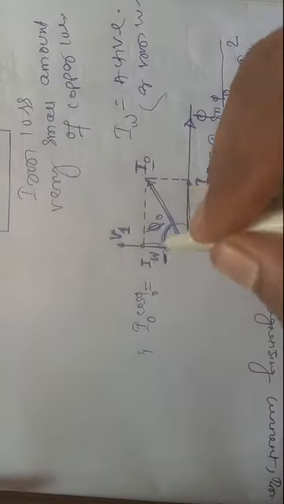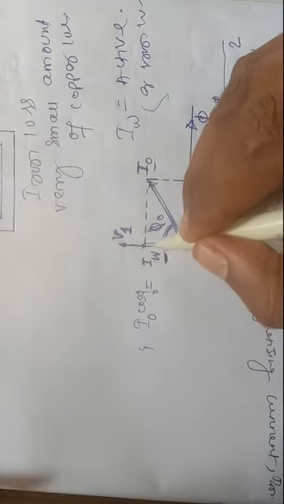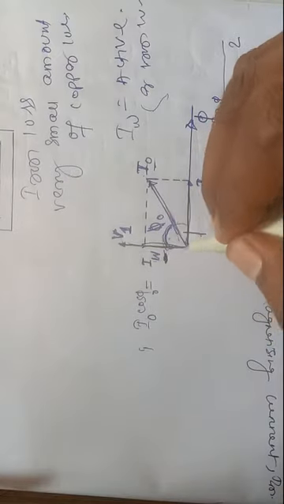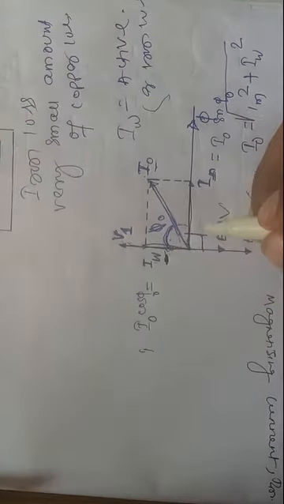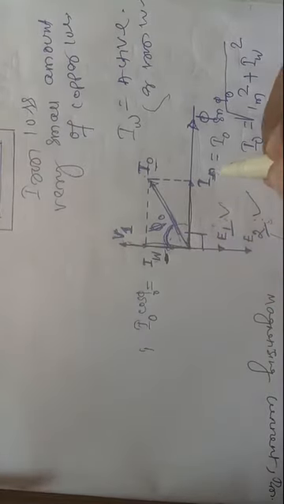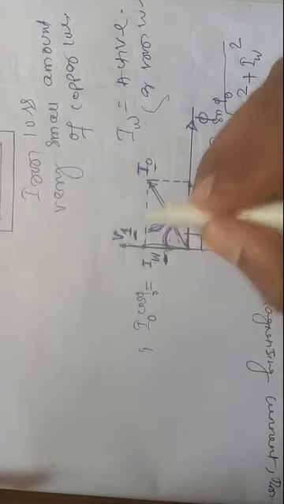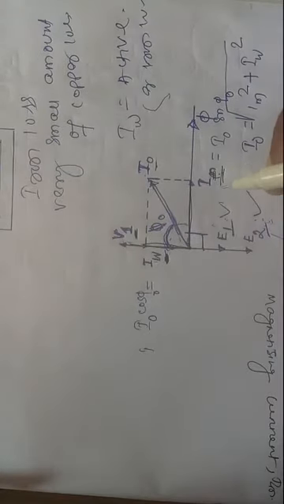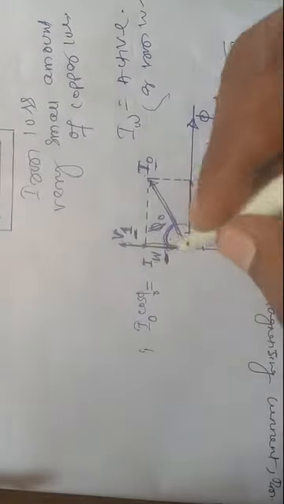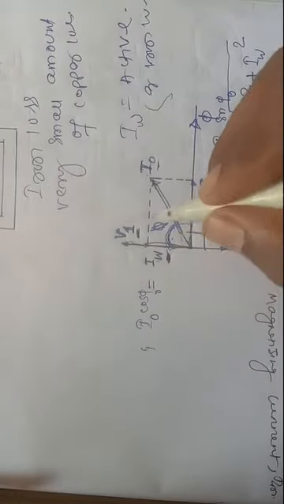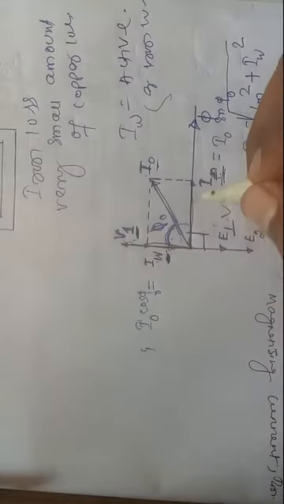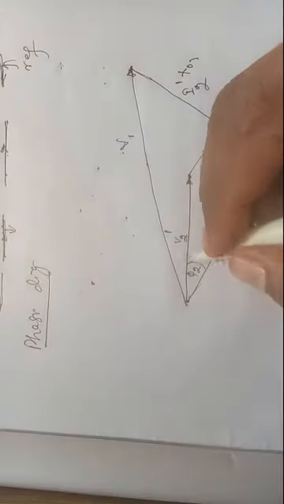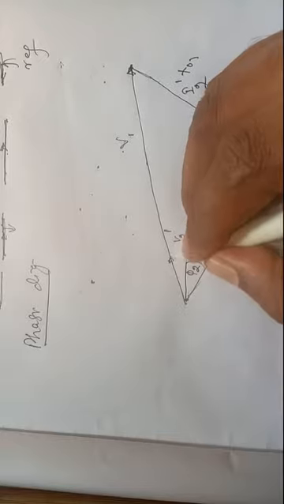Just see the diagram here. IW is in phase with V1, as we studied last class, and Im, the magnetizing current, lags the voltage V1 by an angle of 90 degrees. So we will follow the same rule here. Remember, IW will be in phase with V1 and Im will lag V1 by 90 degrees.